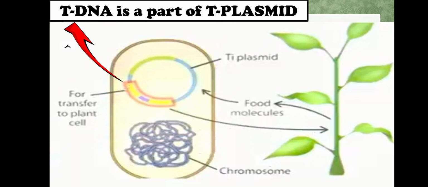Agrobacterium tumefaciens infects the plant for food, and the plant provides food to the bacteria. So this is a kind of symbiotic relationship between the Agrobacterium and the plant.